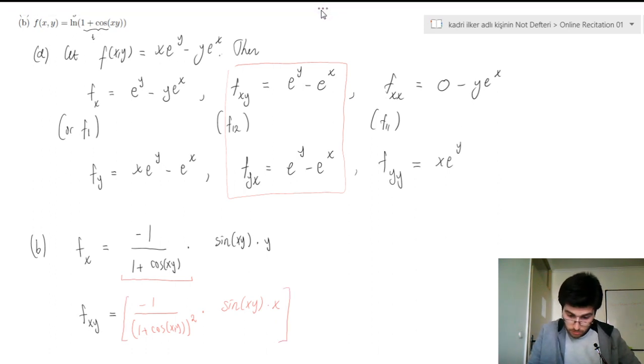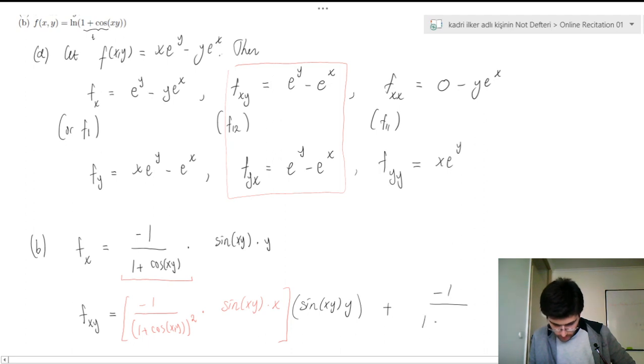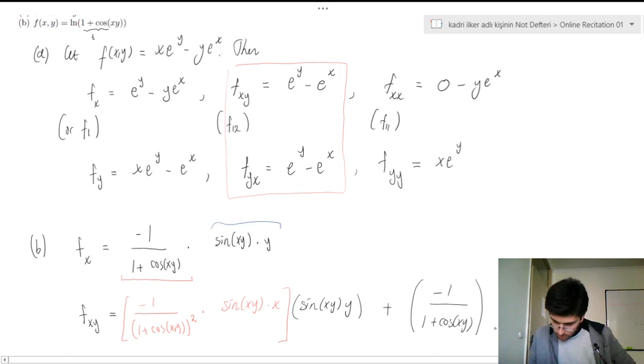So you should be careful. Now the second part, we didn't touch anything. We have something like this. Now plus, we are not going to touch the first part actually, 1 plus cosine xy. But now we should compute this part by using the product rule again, because we are going to differentiate with respect to y.